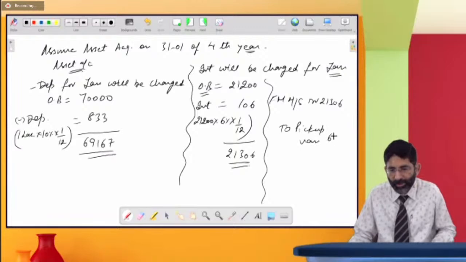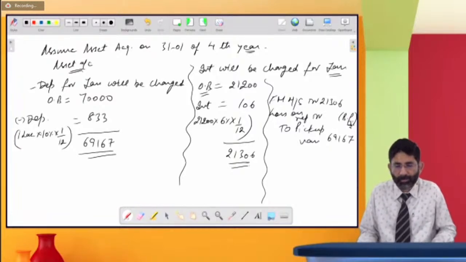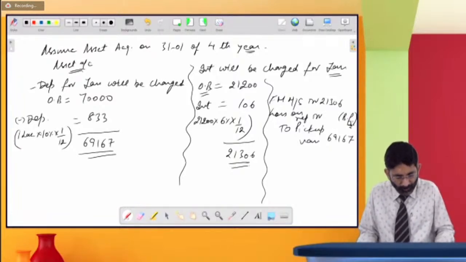To pick up when with 69,167. So balance sheet figure will be loss on repossession debit. So this will be the balance sheet figure. Get it how much it is, beta?